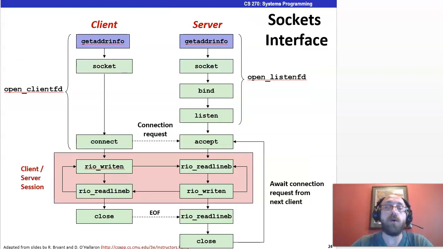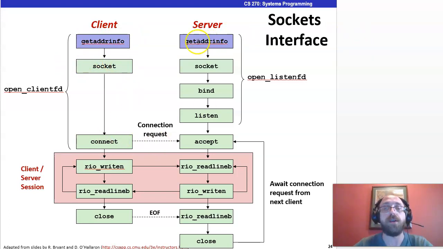All right, so you'll also notice here there are a couple of functions listed: open_clientfd, open_listenfd. These are, again, things that are provided for you in the CSAPP library that handle the most common cases of doing things like this in the client, doing the getaddrinfo, creating the socket and connecting it.